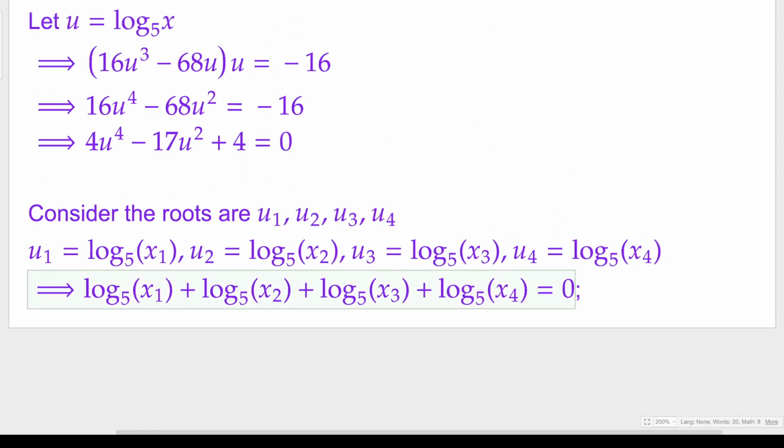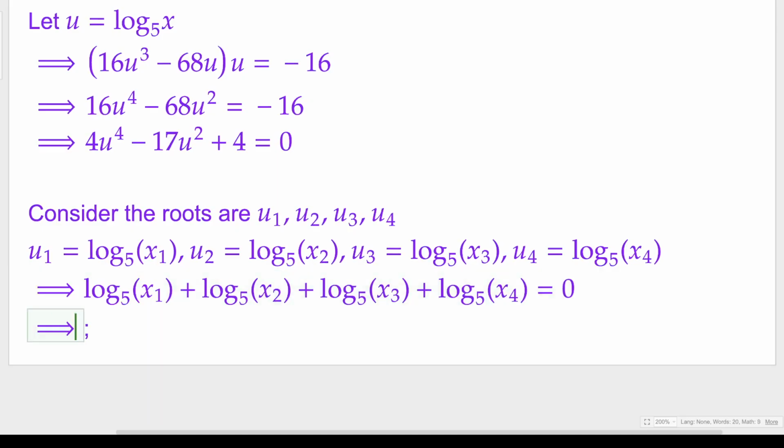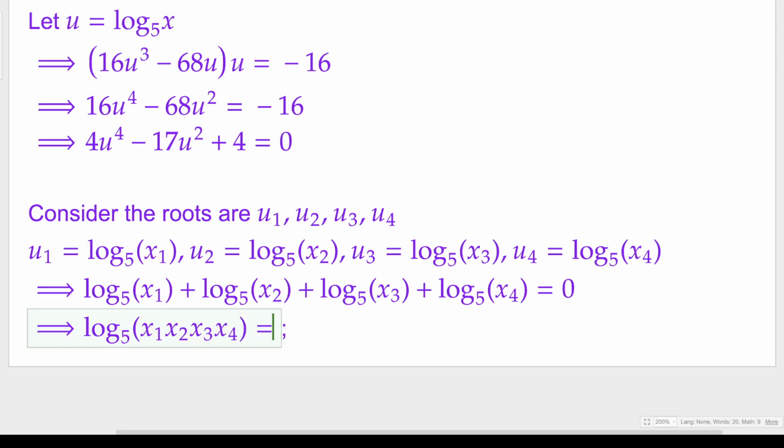Now here I will apply the property of logarithm further, which implies that log base 5 of the product x1 times x2 times x3 times x4 is equal to 0.